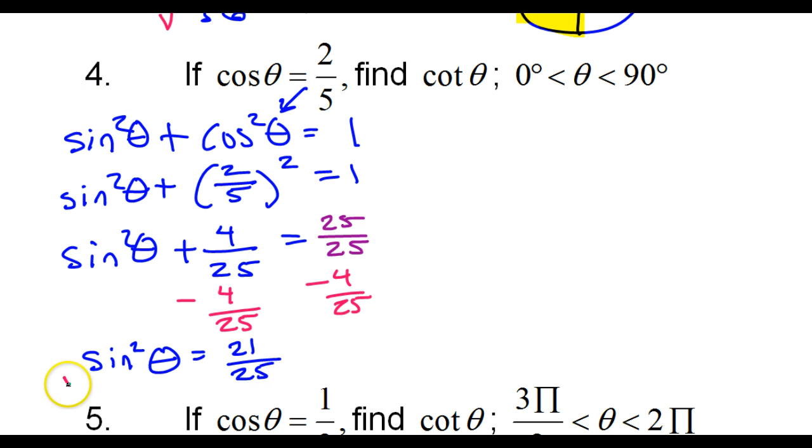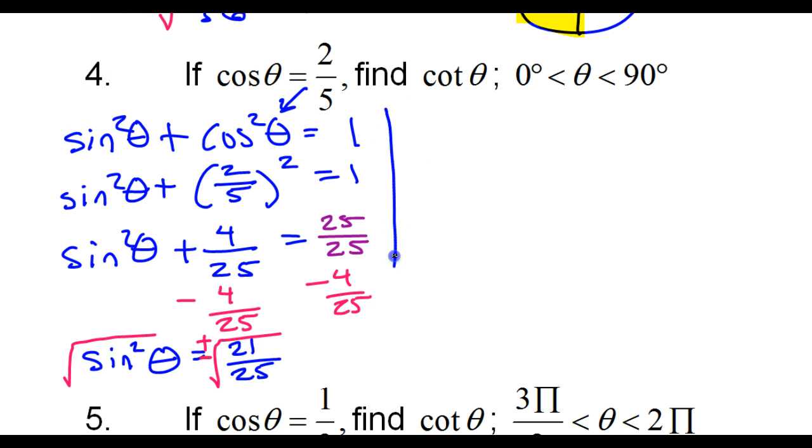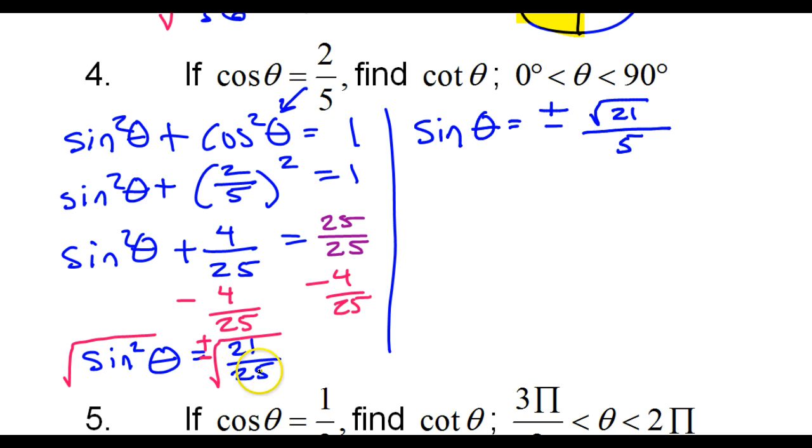Then we would take the square root of both sides. Don't forget your plus or minus. So at that point we have sine theta is equal to plus or minus root 21 over 5. I went ahead and did the square root of 25, and so I have 5.